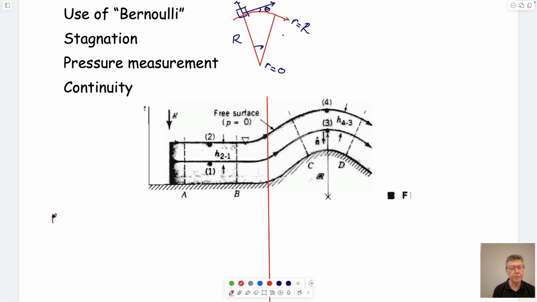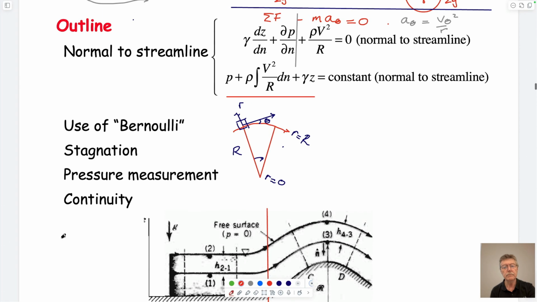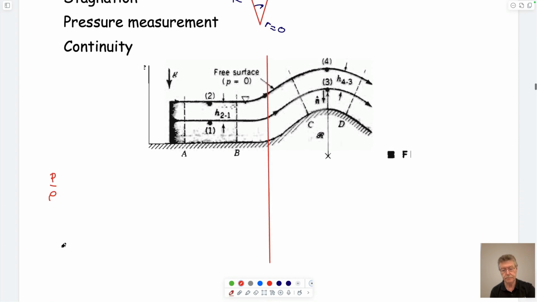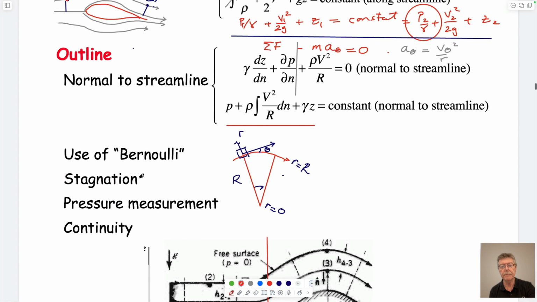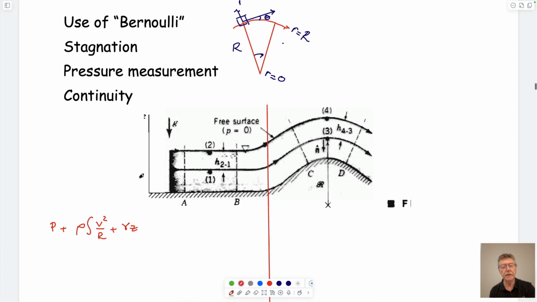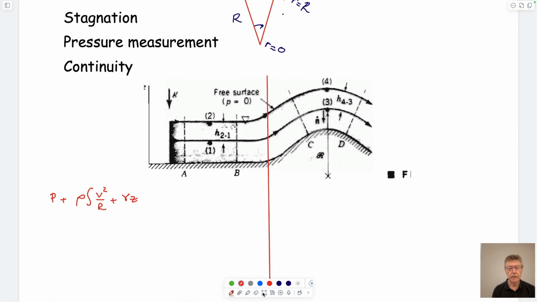So this gives me P plus rho integral V squared over uppercase R plus gamma Z. Is that right? Okay. Oh, missed out the dn. Instead of erasing it, you can put it in.